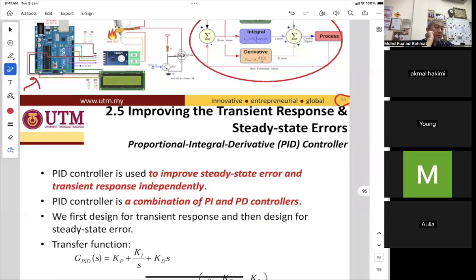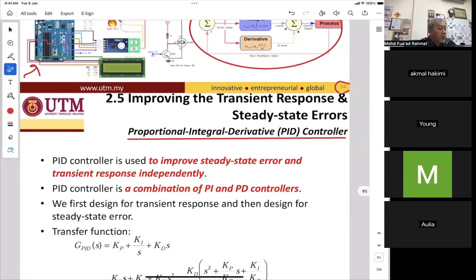If we want the system to have zero steady state error and at the same time a good, faster transient response, we have to use both together in one controller. That's why we use PI and PD. We combine them together and it becomes the PID controller.